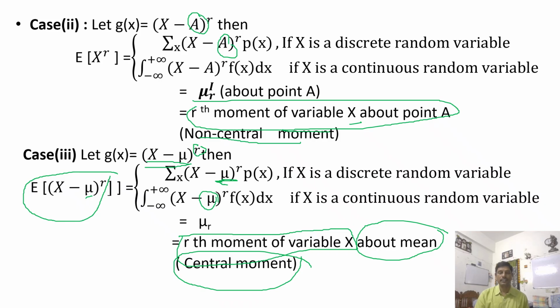We are taking x minus A whole to the power of r. So it is called the rth moment of the variable about the point A.